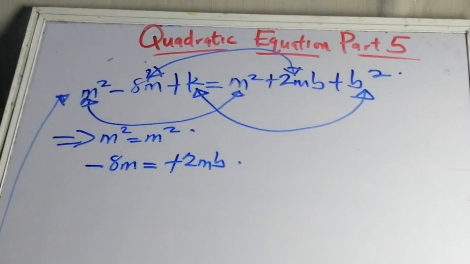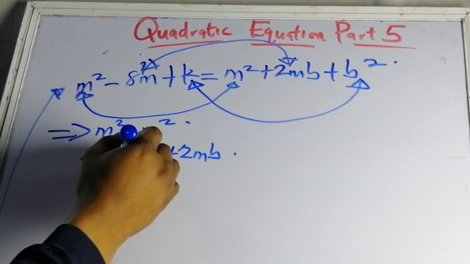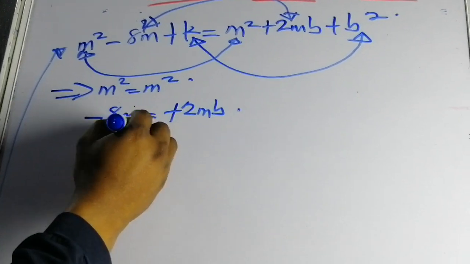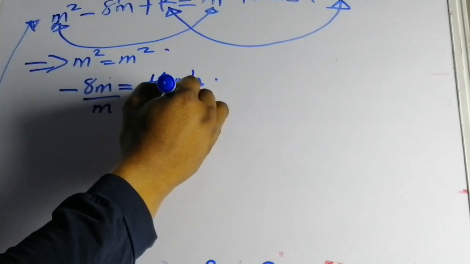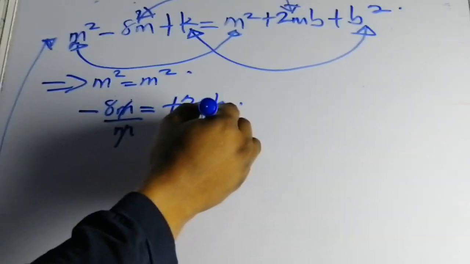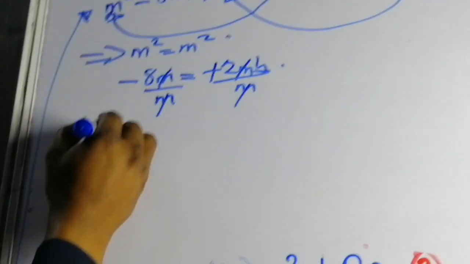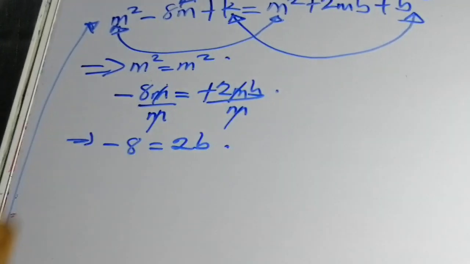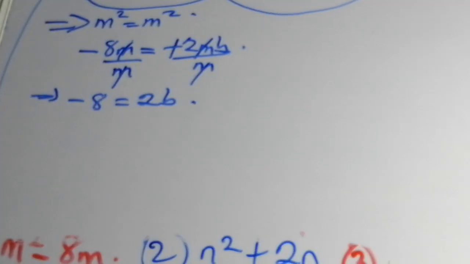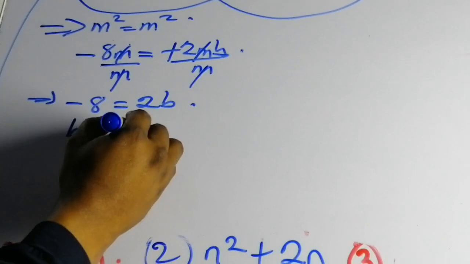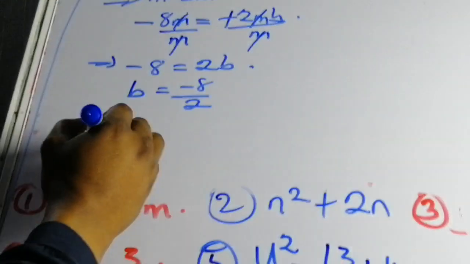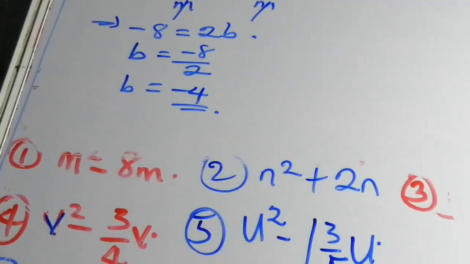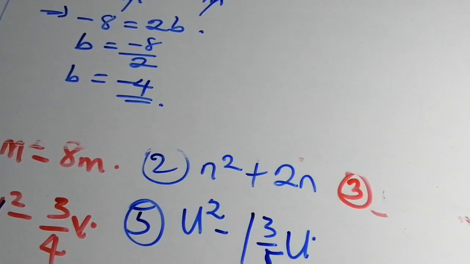So now this implies that if I divide both sides by m, m will cancel m. So that implies I can have minus 8 equals what? 2b. It means that my b will now be minus 8 over what? 2, which b is equal to what? Minus 4. Very simple.